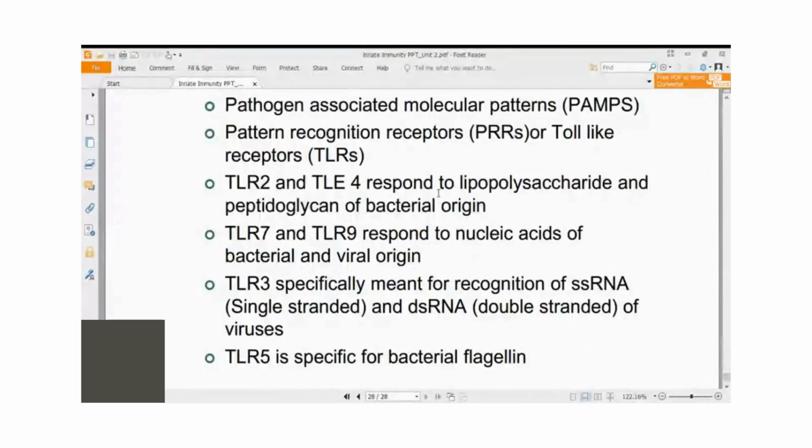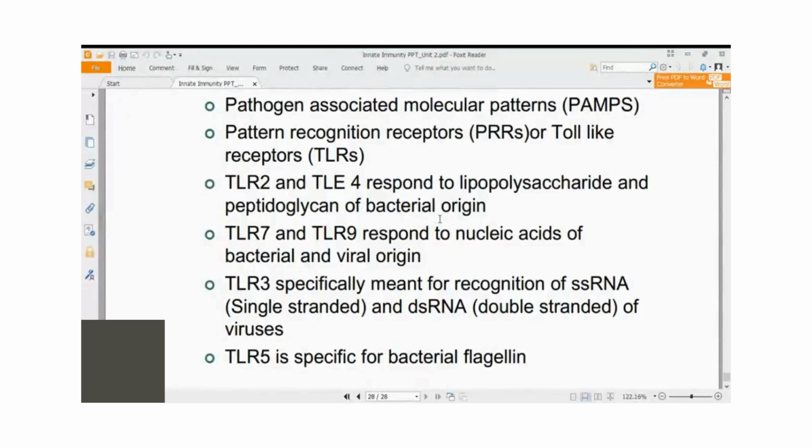Now, what is this acquired immunity? More details of that I'm going to talk about tomorrow, but I'll give the introduction. Acquired immunity is also called adaptive immunity. It starts with the innate immunity, which leads to acquired immunity.